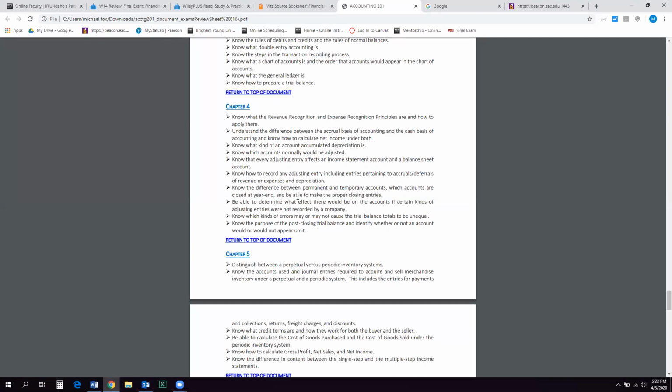So you have to figure out what that adjusting entry is and then recognize how that changes the revenue or the expenses or the assets or the liabilities. And then remember the concept that when something is overstated, it means that there is more showing there than there should be. And when something is understated, it means there's less showing there than what there should be.